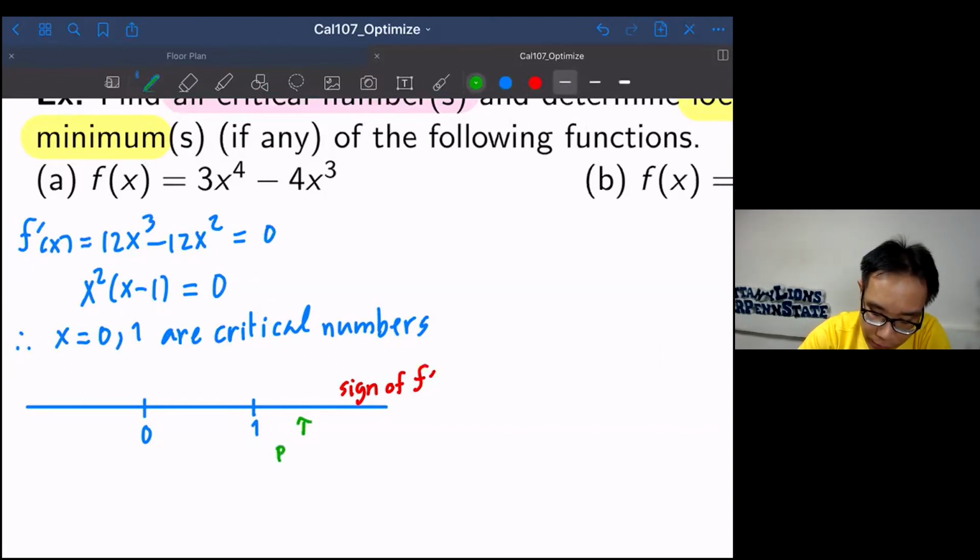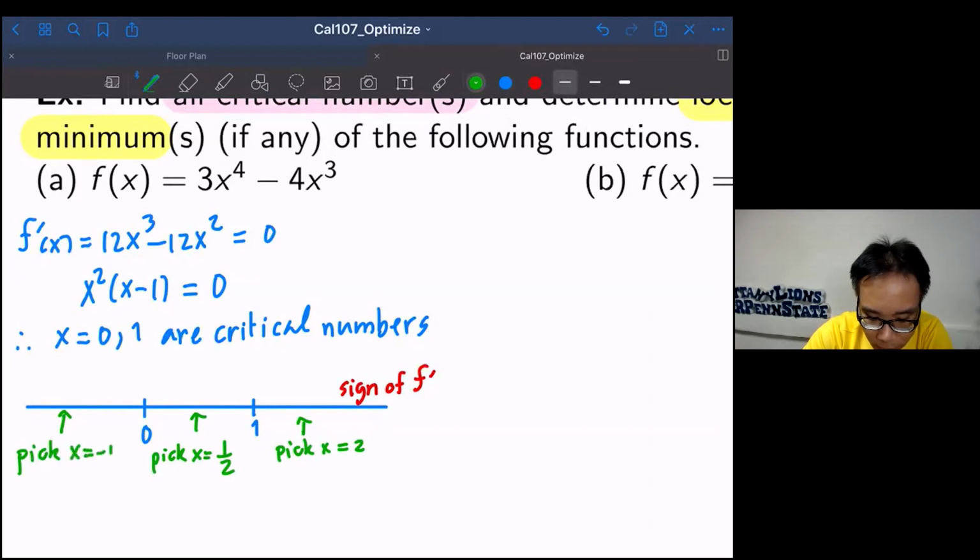So you pick x equal to 2 from this interval, x equal to 1/2 in this interval, and x equal to -1 from the third interval. Why do we pick these numbers? We're going to test for the sign.